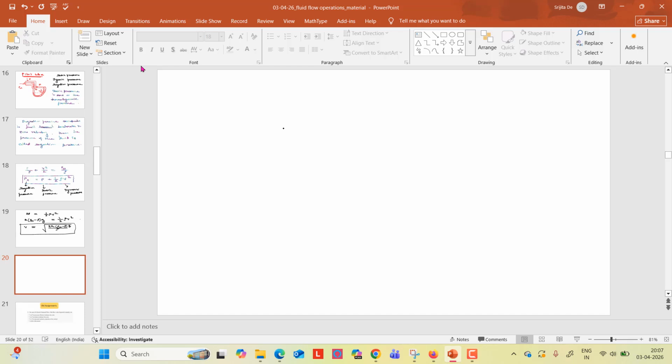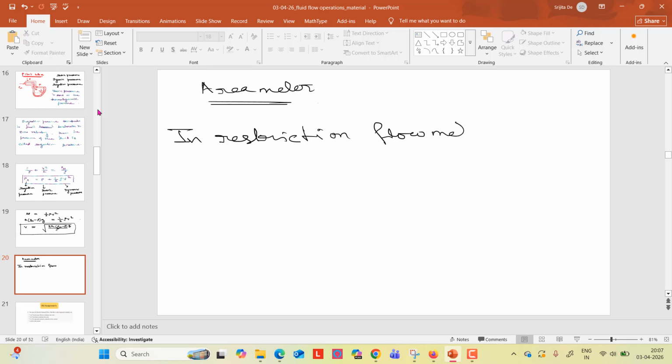Next comes the area meters. So in the restriction flow meter, we have seen that mass flow rate or velocity is proportional to root under delta P, right?